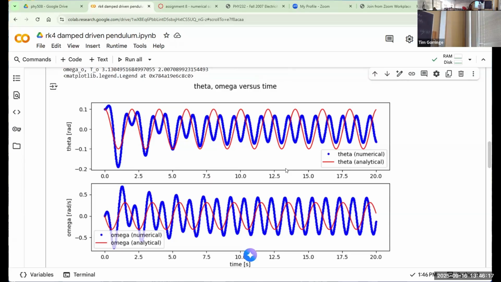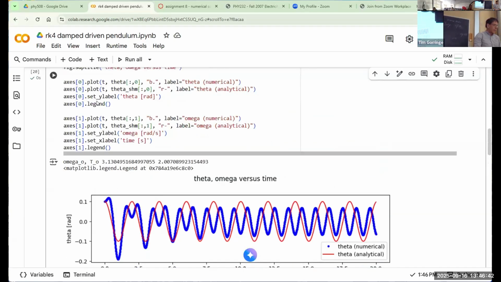These oscillations are still at the driving frequency. In the transient period, there was also the natural frequency. At late times, just the driving frequency. The amplitude of the oscillations is almost 10 times bigger. Now we're closer to resonance, but still a fair way from resonance. We see simple oscillations at the driving frequency at large times, about the same amplitude as the amplitude that we released the pendulum from.